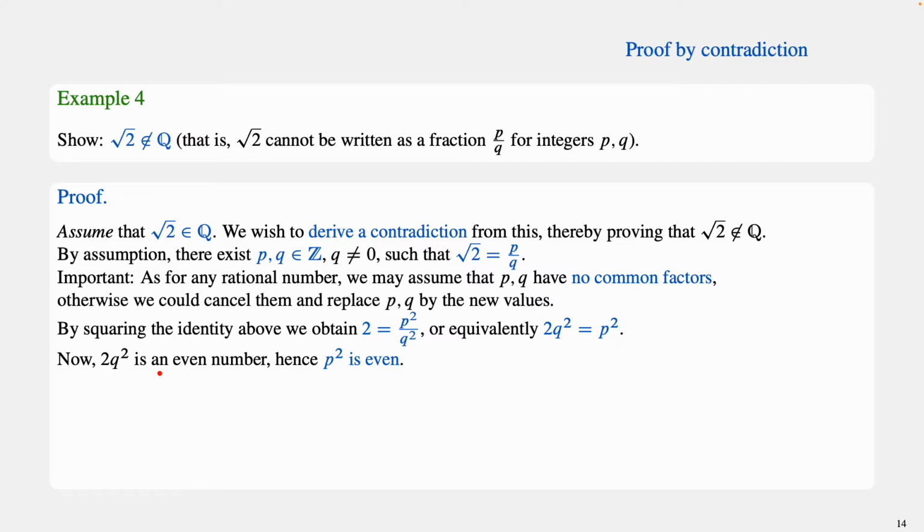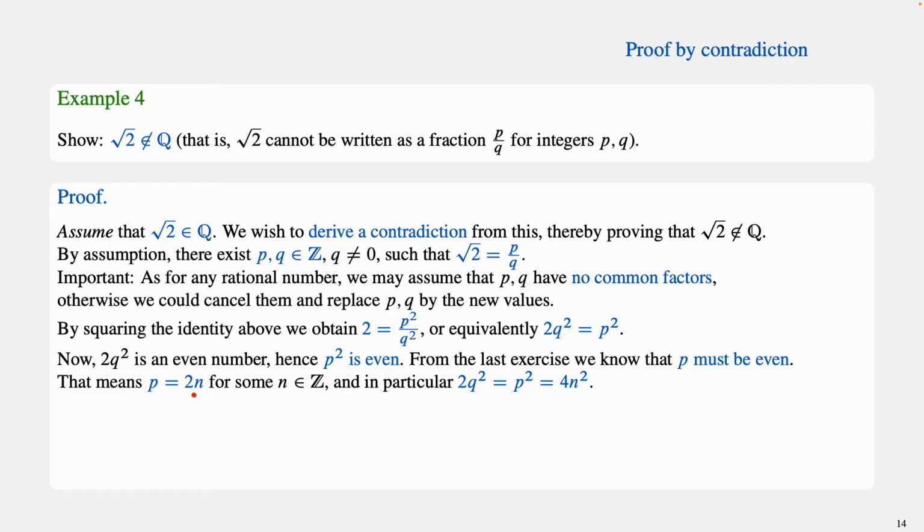Now, 2q squared is an even number, hence p squared is even. Okay, because p squared is equal to this even number. But from the last exercise, we've just learned that if p squared is even, then p must be even. So now we know that p is an even number.